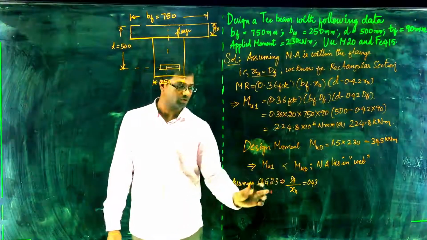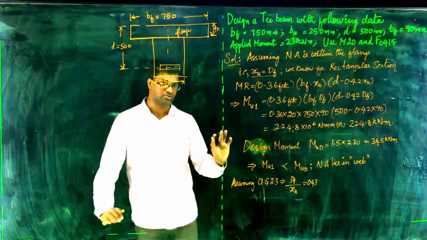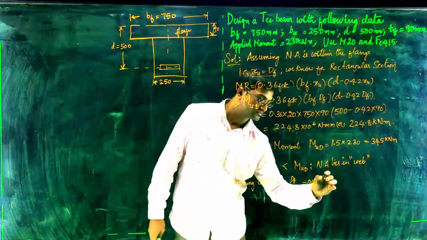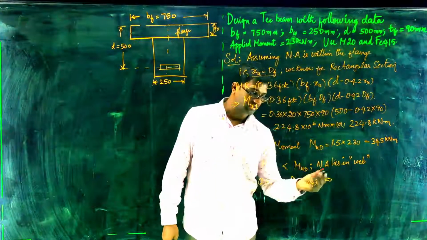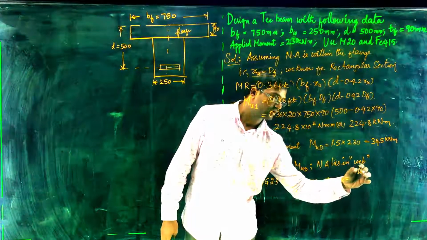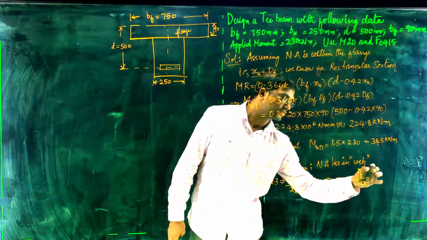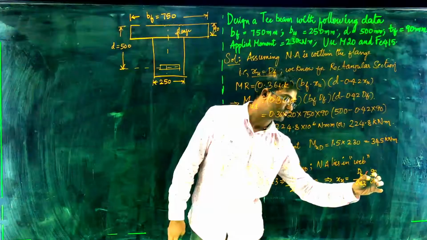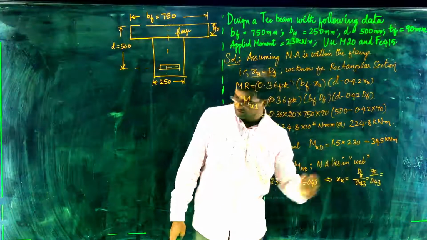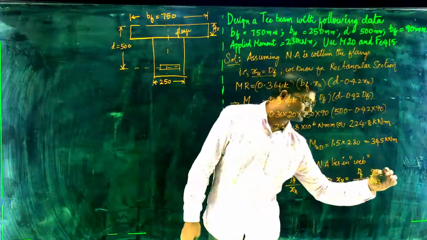If this value is more, the next step is we will assume Df by Xu equals 0.43. Now from this, you can calculate Xu as Df by 0.43. Df is 90 divided by 0.43. This will give you a value of 210 mm.